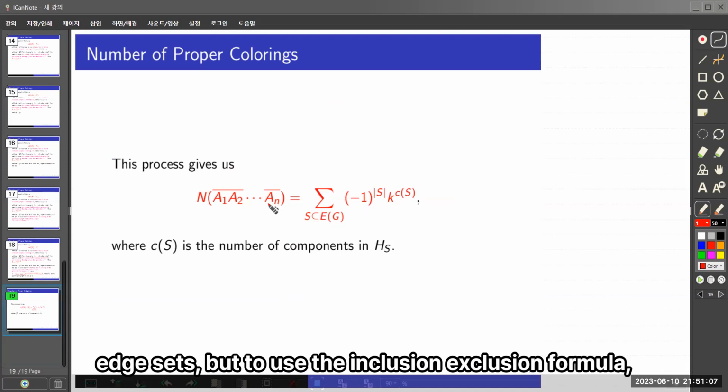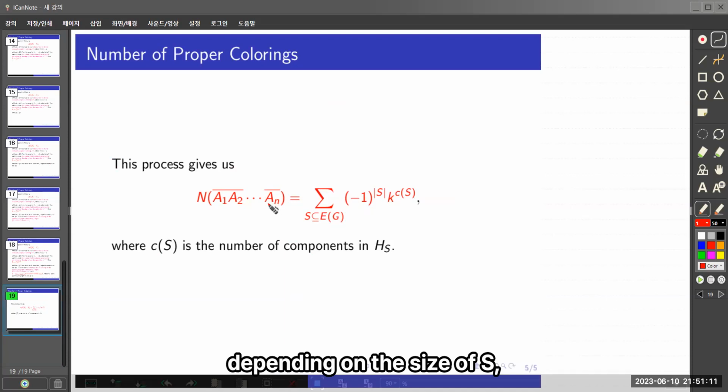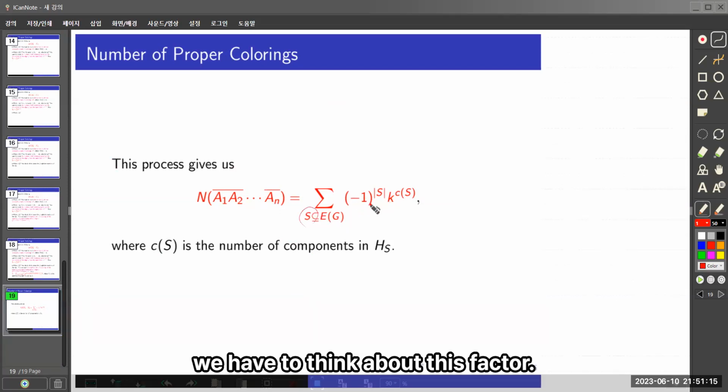But to use the inclusion-exclusion formula, depending on the size of S, we have to think about this factor. Thanks for watching.